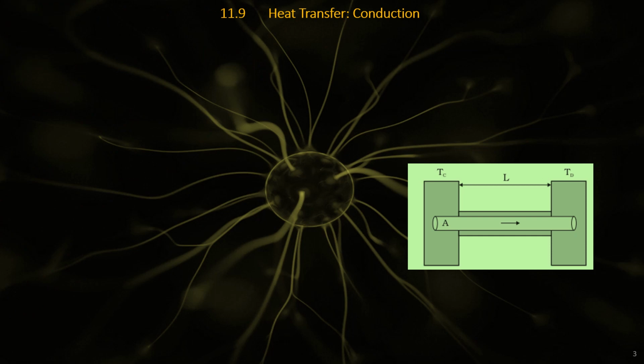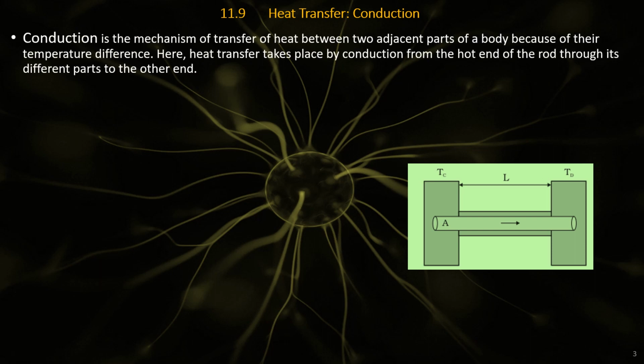Heat transfer, conduction. We will study about conduction in detail. Conduction is the mechanism of heat transfer between two adjacent parts of a body because of their temperature difference. Here, heat transfer takes place by conduction from hot end of the rod through its different parts to the other end.